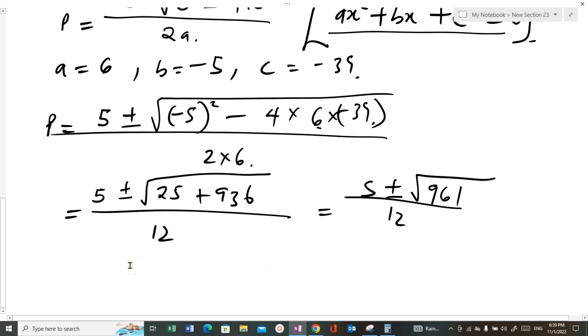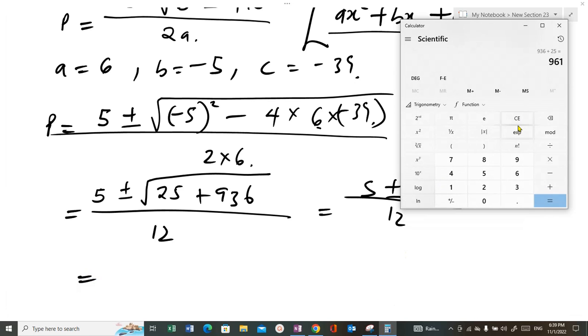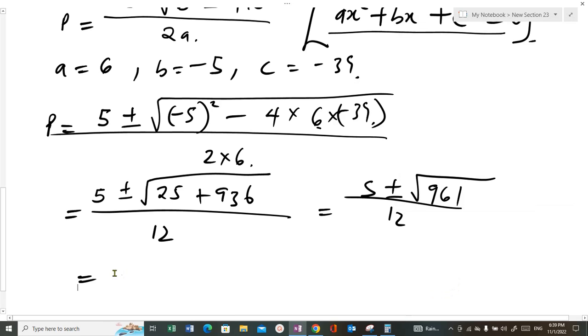The square root of 961 is 31. So you have 5 plus or minus 31 all over 12.